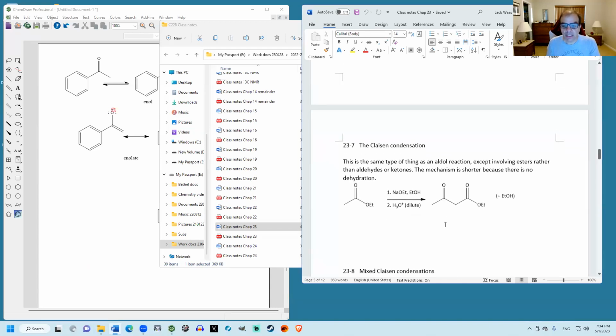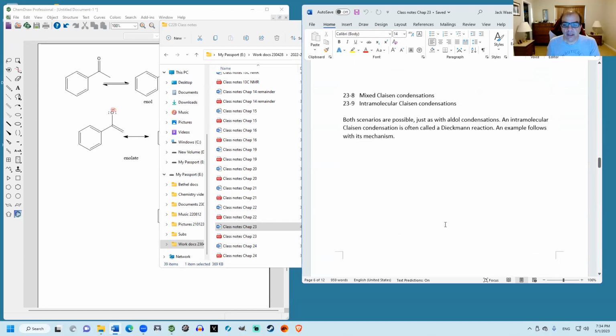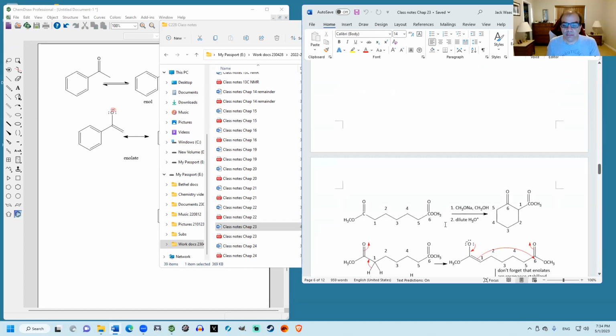And the mechanism is real similar to the aldol condensation, except that there's no possibility of dehydration. You don't even have to worry about that.